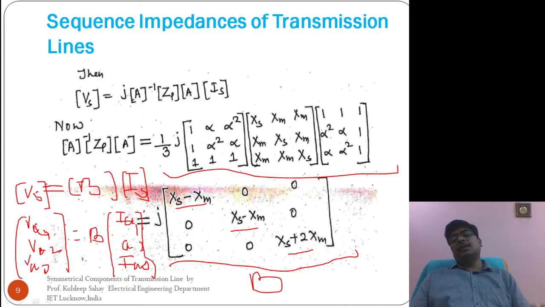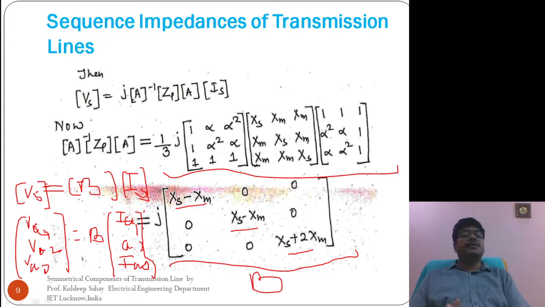So once again it is proved that all the sequence impedances are represented by only their own components, which means there is no cross coupling. Zero sequence impedance is not related to the negative sequence or positive sequence set.